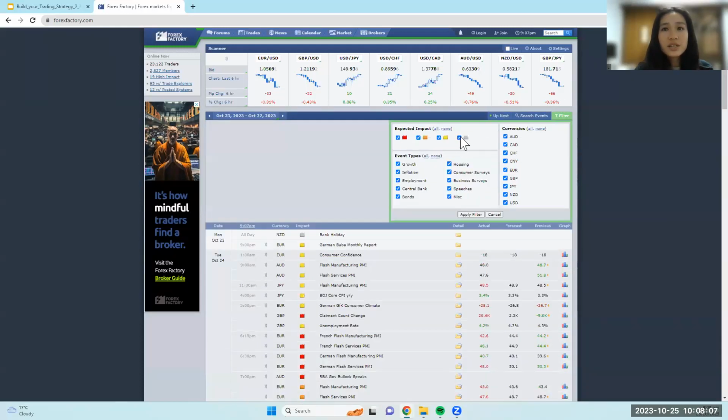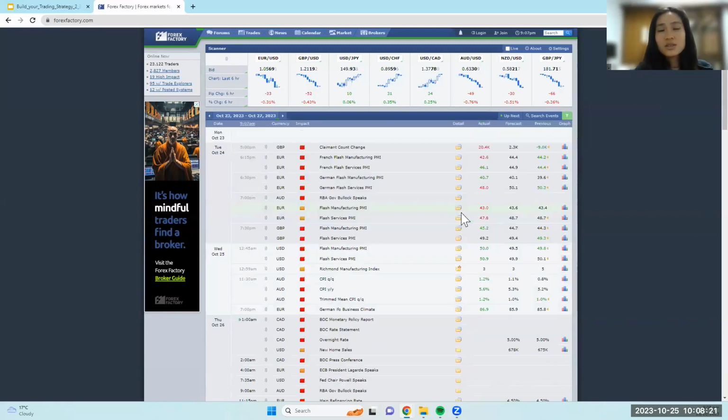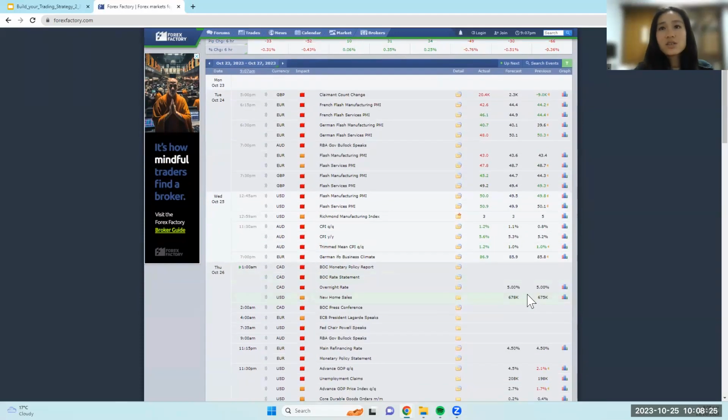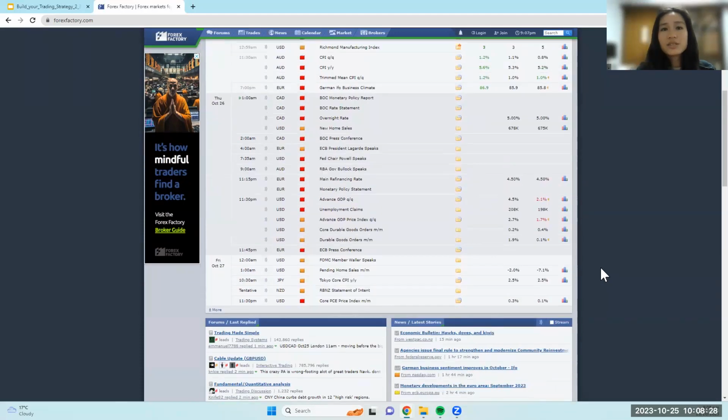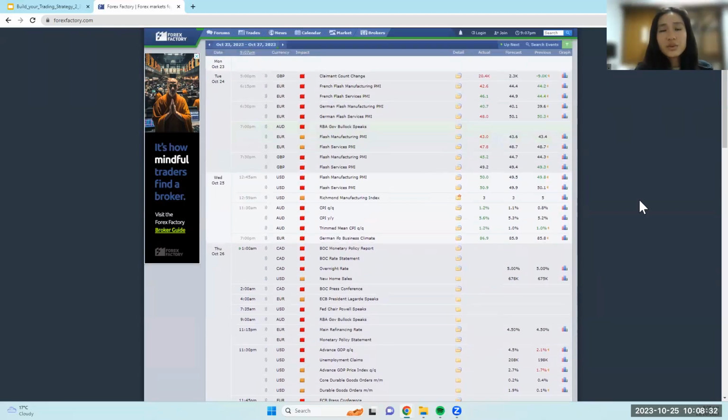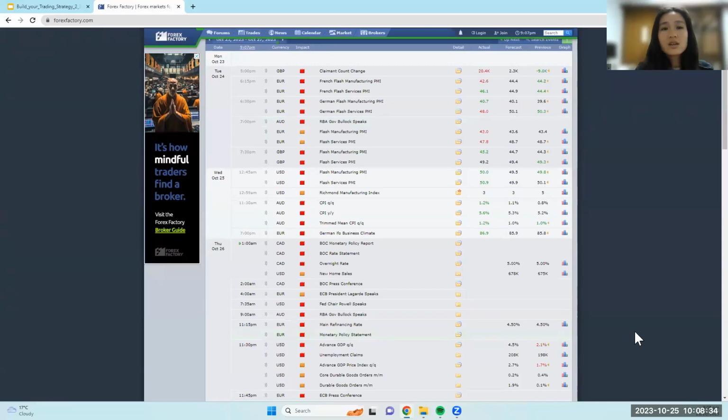As I mentioned earlier, we like to just look at the medium and high impact events. But if you are looking at a specific currency or different event types, you can adjust those as well. Then you can see all of the different events that will take place this week. It's quite a busy week with a lot of events taking place, a lot of PMI releases.